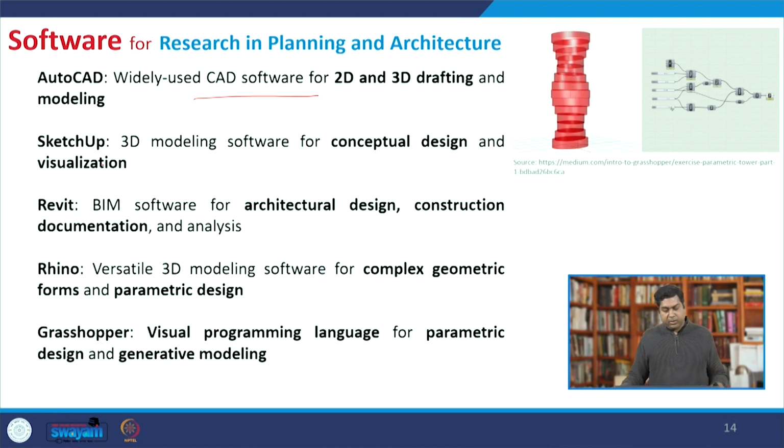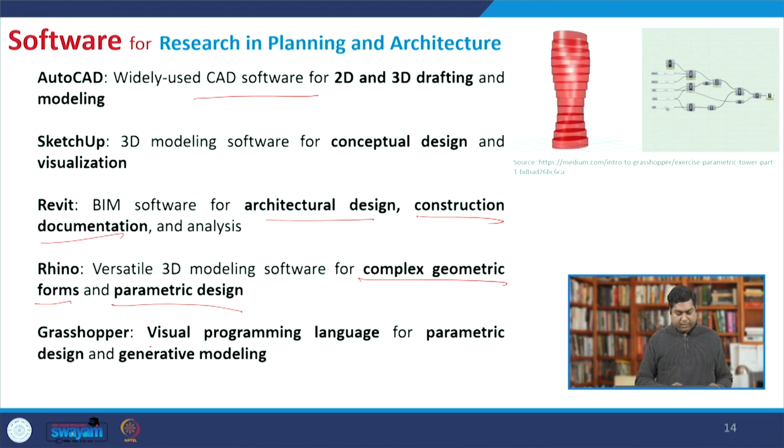SketchUp is 3D modeling software for conceptual design and visualization, and with some plugins in Google SketchUp you can create beautiful renders. Next one is Revit, which is BIM software for architectural design, construction documentation and analysis. Then we have Rhino, which is again a versatile 3D modeling software for complex geometric forms and parametric design.